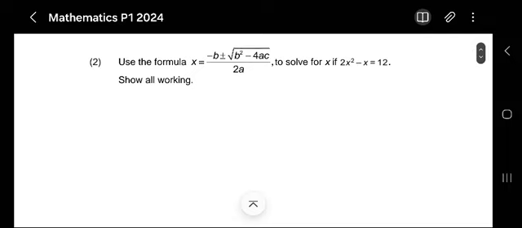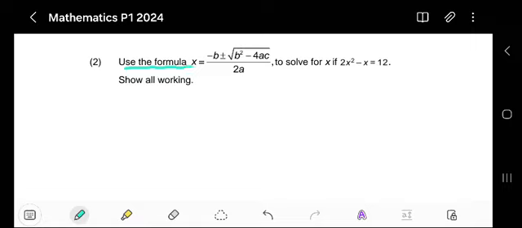Number 2, we're given: use the quadratic formula to solve for x if 2x squared minus x is equal to 12, showing all your work. We have 2x squared minus x.